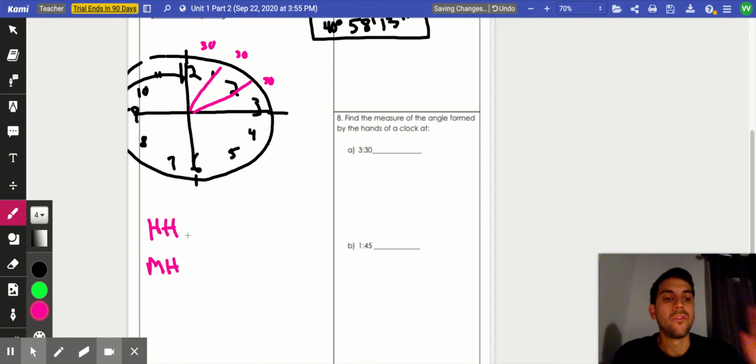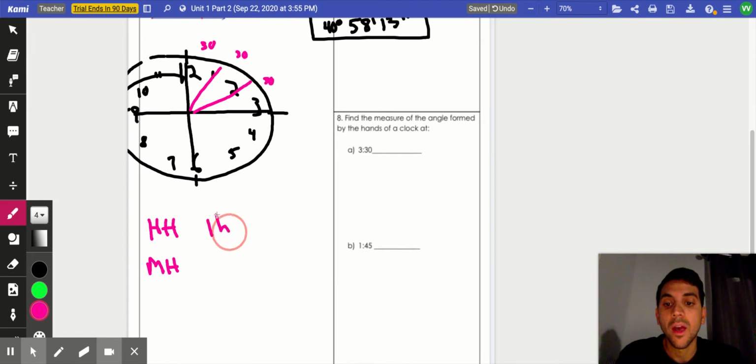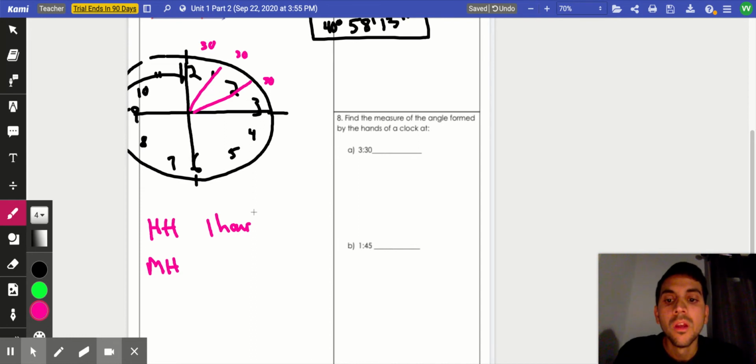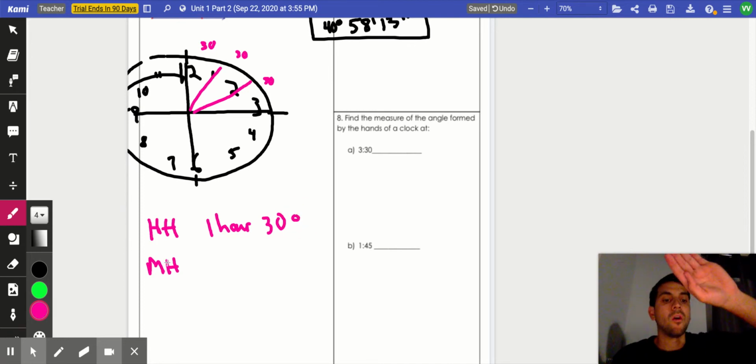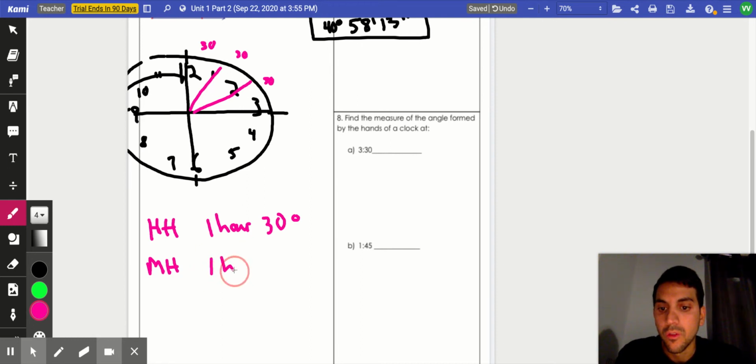The hour hand, for every hour that it moves, so if I go from 1 to 2, that's 1 hour. That's technically 30 degrees. For the minute hand, for every hour, the larger hand is going to go around the entire clock in 1 hour. So for the minute hand, that's going to go all the way around the clock. That's going to be 360.